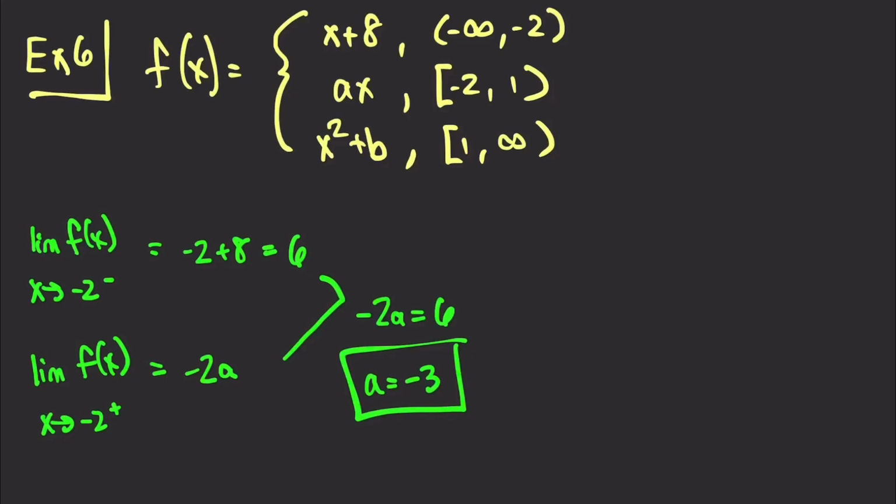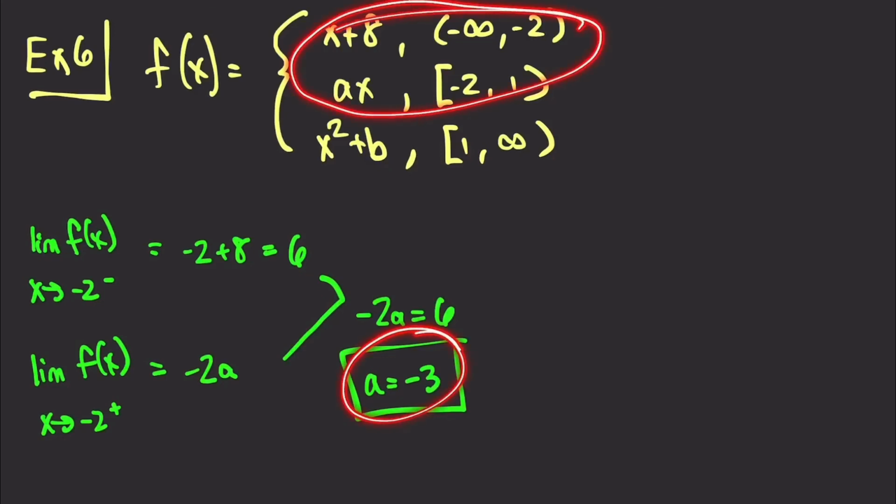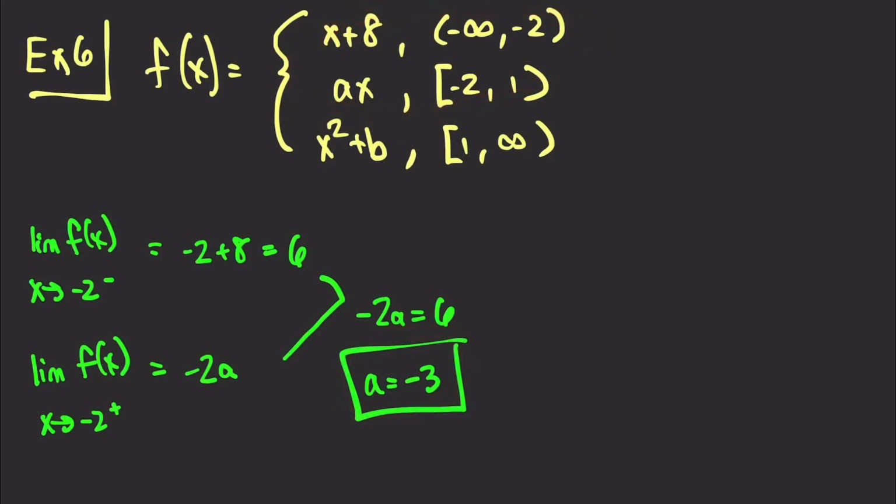So what I know is that when a is negative 3, these two pieces right here will now be continuous. So I'm going to use this in here to make these two pieces continuous. Now I need to do my left-hand limit and my right-hand limit again, but this time I'm doing it at 1.